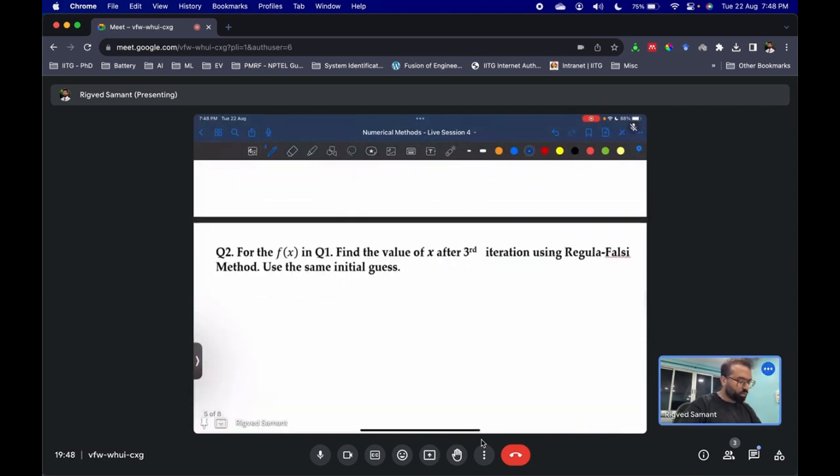For the f of x given in Q1, find the value of x after the third iteration using the Regula-Falsi method. Use the same initial guesses.